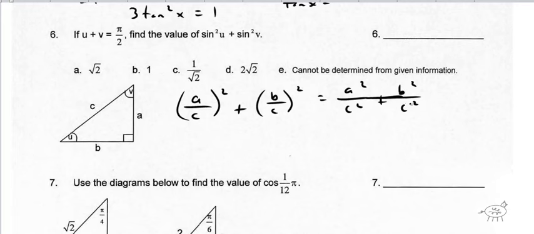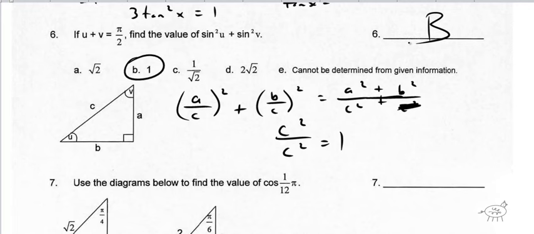And so I can get rid of that. So it's a squared plus b squared. What's a squared plus b squared? C squared. So c squared over c squared is 1. B. Now I could have done that one, if you know some values, by putting 45 degrees in each one of those because it doesn't matter.